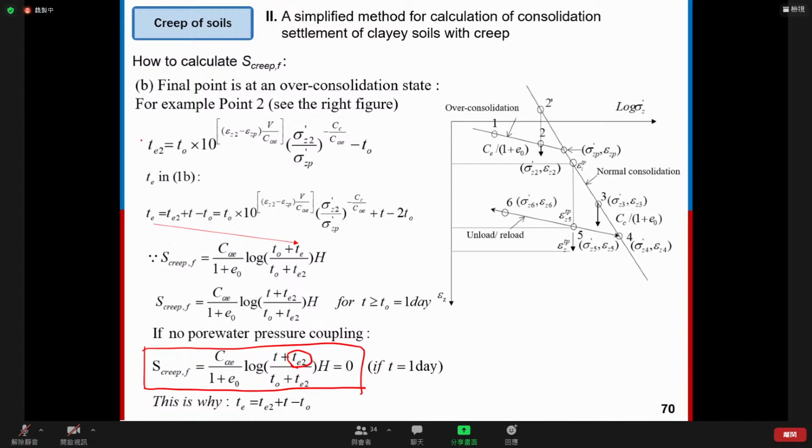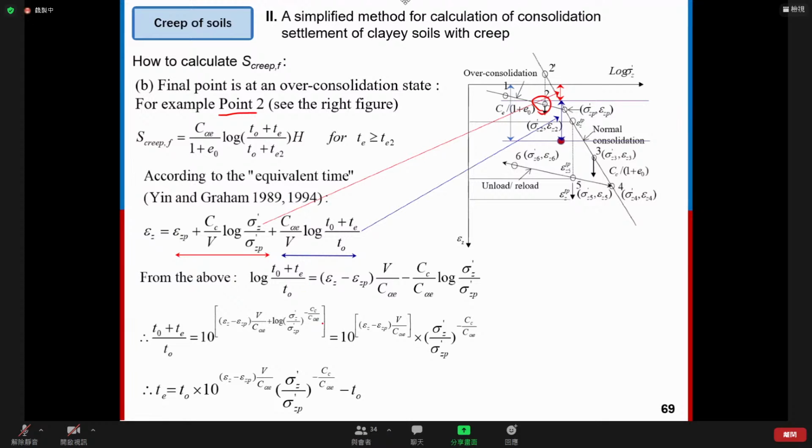How to calculate? The equation is here. This equation seems quite complicated, okay? Quite long, but actually every parameter we can calculate one by one and with very clear physical meaning, okay? We derive this equation from this one, okay?